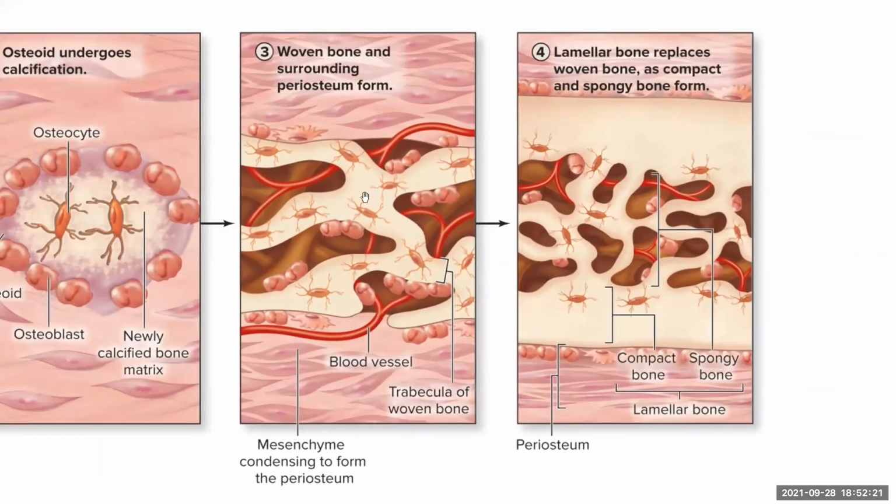And so now we're replacing this poorly organized, kind of weakened form of bone, the primary bone, with the lamellar or secondary bone. So we started to get the formation of compact bone on the external portions of our bone. And then on the inside, that's where we're going to have our spongy bone. See all the trabeculae here? We have blood vessels. And then on the outside, we're going to have our periosteum.